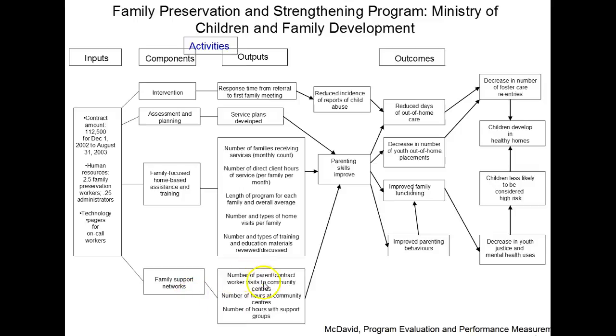And again, we see measurement of whether these networks are working and where: community centers, support groups, number of hours, number of visits. So we would then expect that that dose of the actual activities that were received would be intended to lead to these outcomes.